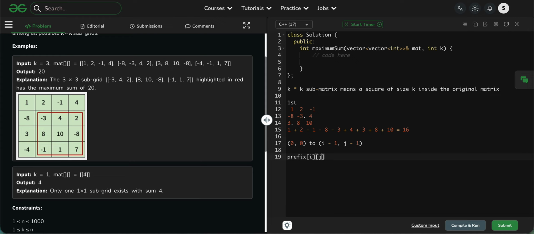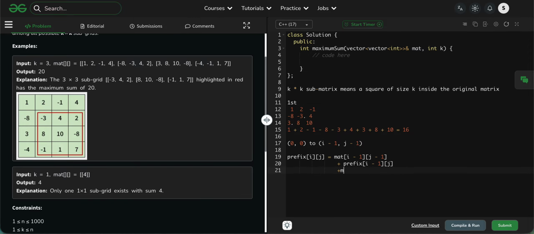i and j is equal to the matrix of i minus 1 and j minus 1, got it? And then plus prefix of i minus 1 to j, right?